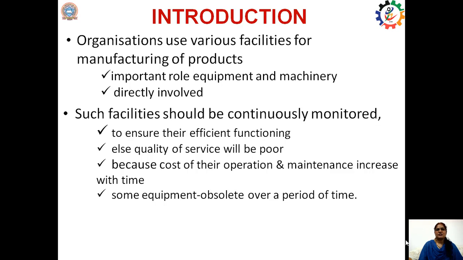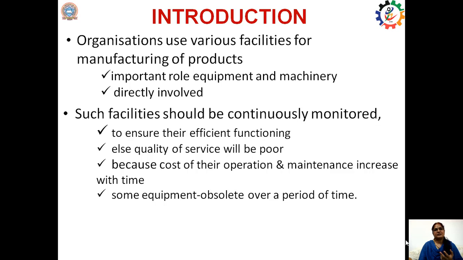So today let us focus on equipment and machinery, one of the important facilities directly involved in manufacturing the products. These facilities should be continuously monitored to ensure their efficient functioning, that the quality of the products is not lowered, and that operation and maintenance cost does not increase with time.